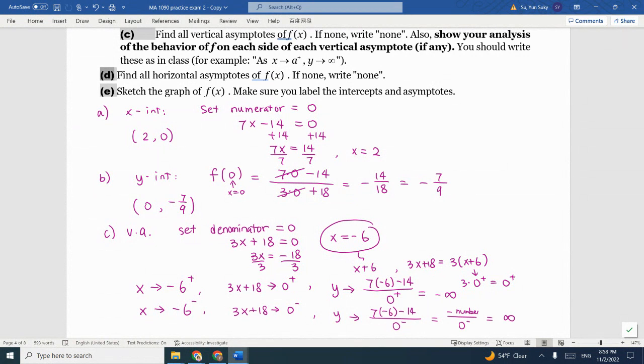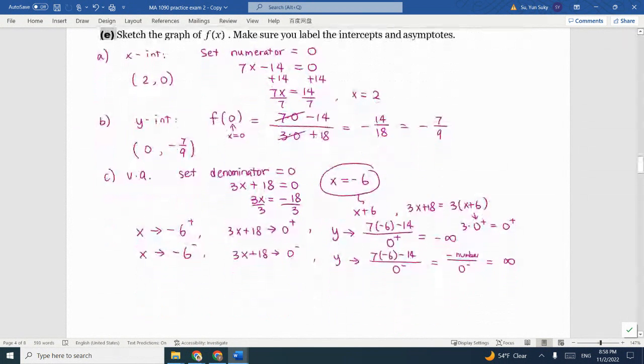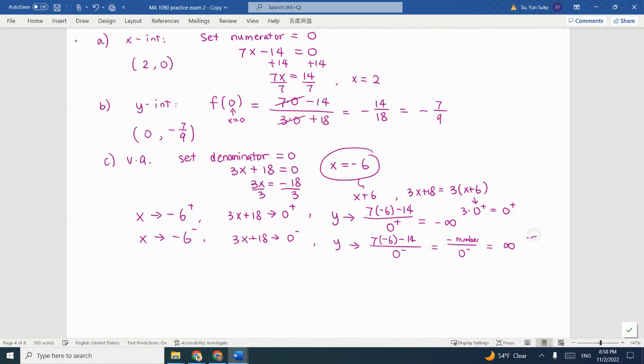So if we approach that number from the left or from the right, the y goes to infinity or minus infinity. This shows that x equals -6 is a vertical asymptote. So you have to show the behaviors when x approaches -6 from the left and from the right. That's very, very important.